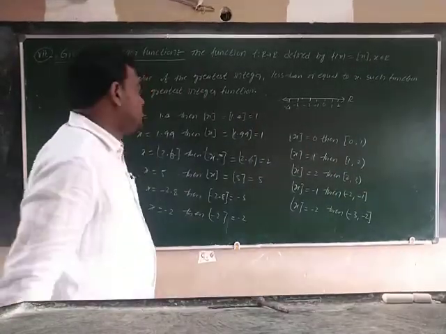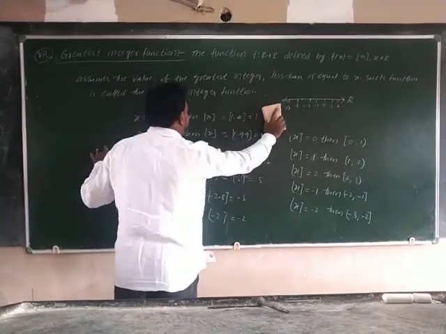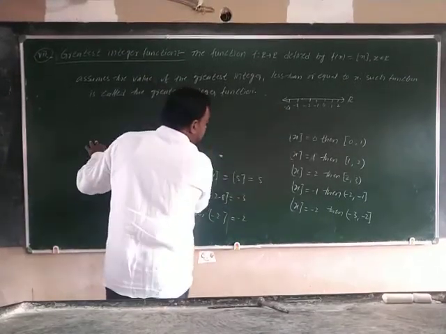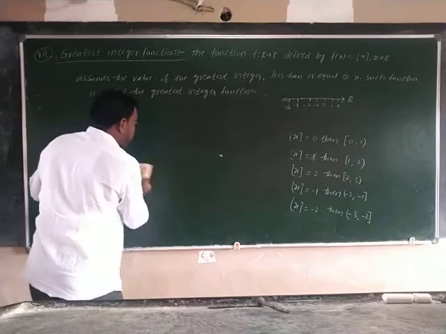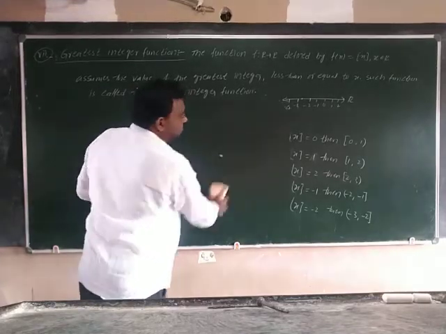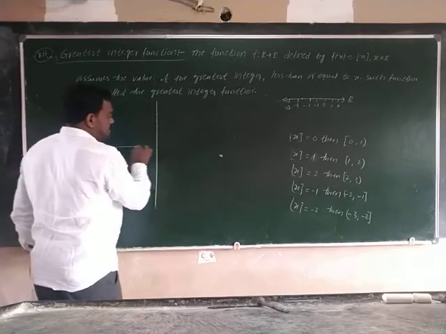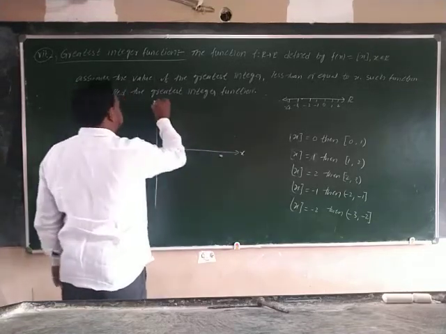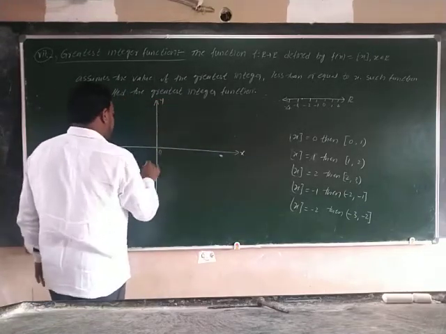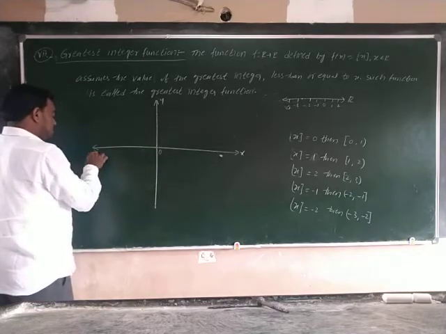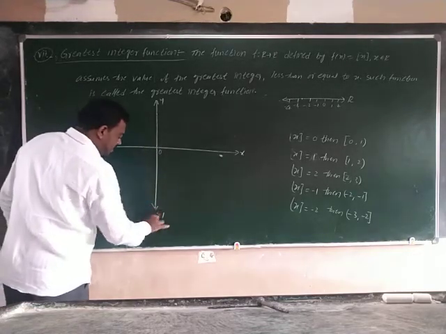Next, the graph. How are we drawing the graph of the greatest integer function? Draw the x-axis and y-axis, then the negative x-axis and negative y-axis.